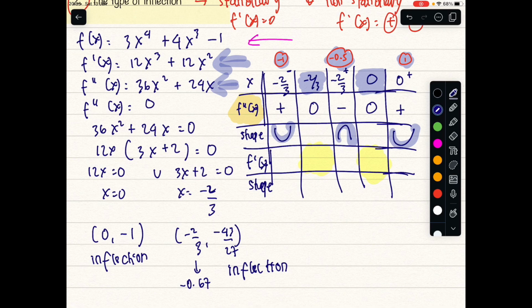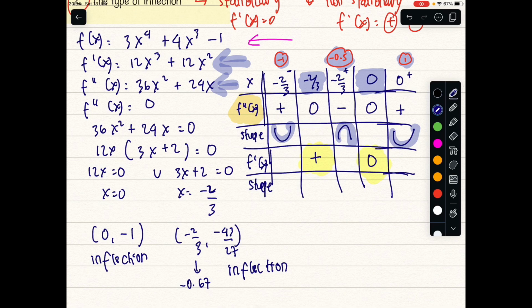Sorry, I'm pretty slow. Then 12 times in brackets -2/3, and then I square it, and I will have a positive number, 16/9. So I'll put it in. So this is positive. For the 0, if I input it in the first derivative, it's also 0.